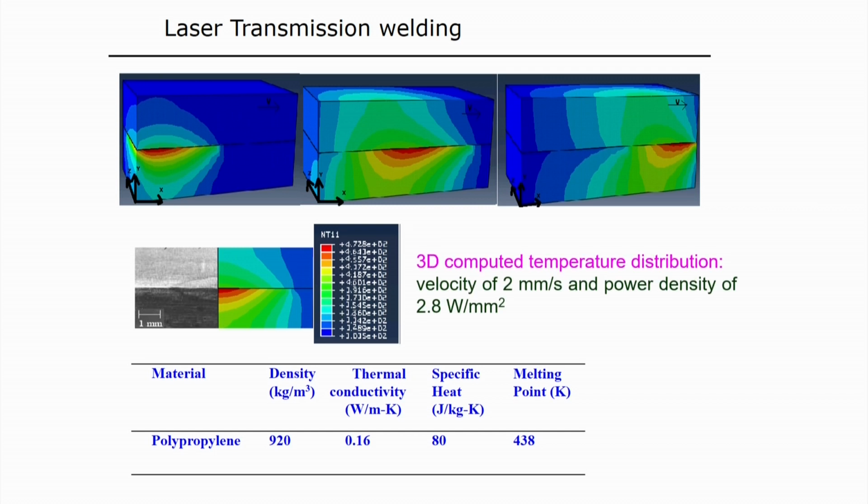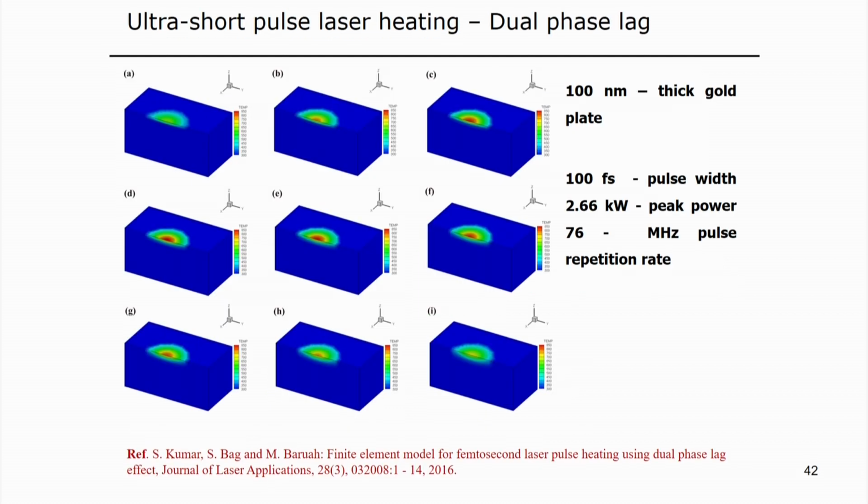So, in this case we can observe that in laser transmission welding, even when they are similar materials, maybe both materials are transparent, but at the interface if we use some absorbing material, that actually influences the temperature distribution of these two substrate materials, and we can get this type of temperature distribution in case of laser transmission welding.